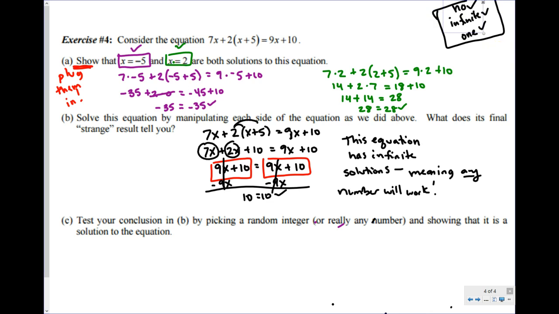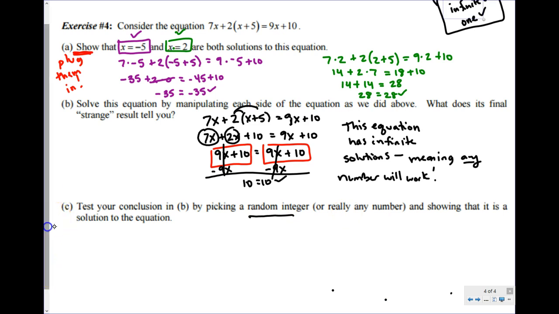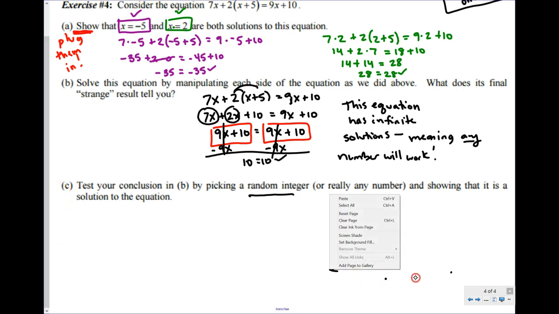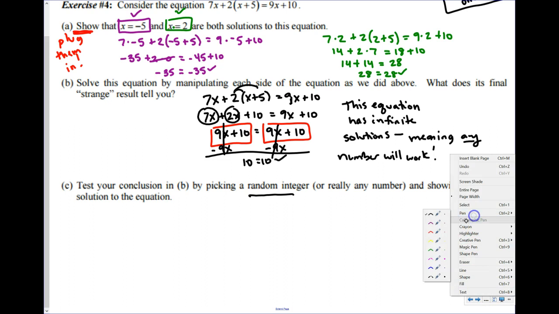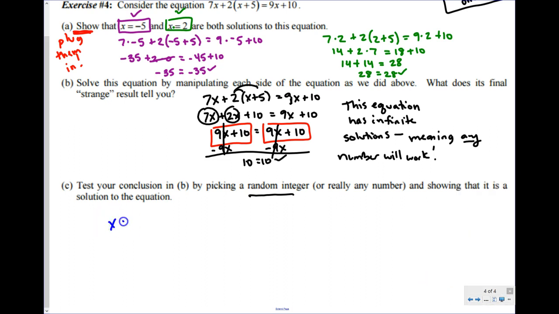So let's test this equation by picking a random integer, or really any number, and showing that it's a solution. You could pick one on your own and try it if you want to. But I always like picking an easy number, and the easiest number I can think of is 1. So let x equal 1. 7 times 1 plus 2 times (1 plus 5) equals 9 times 1 plus 10.